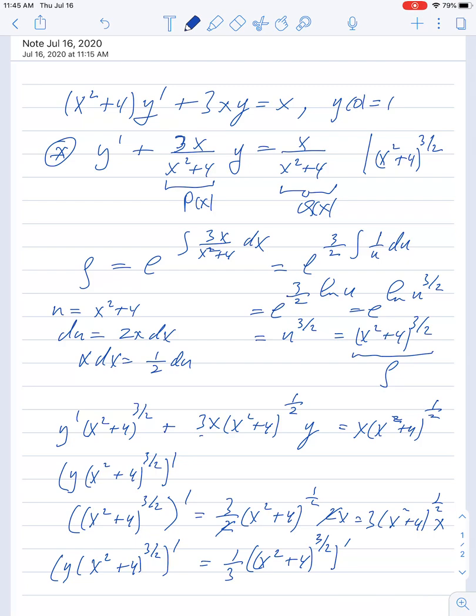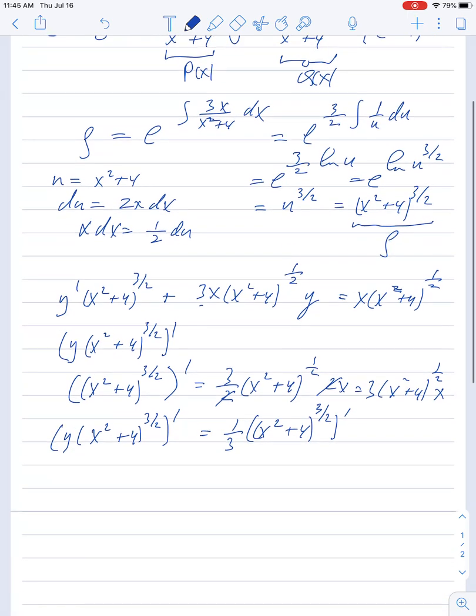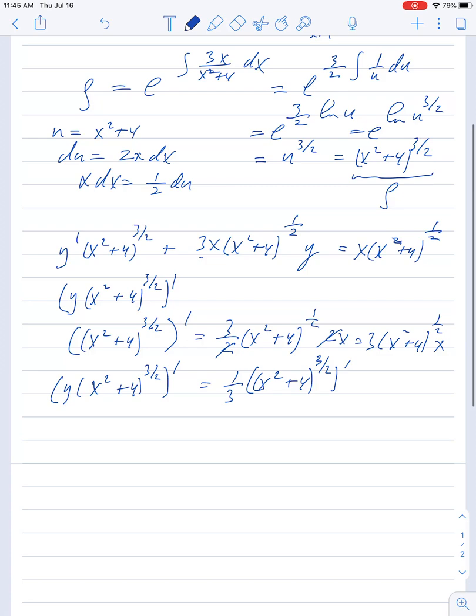Okay, our original equation is written now in this way. One derivative equals another derivative. So we can integrate both sides, and the result will be y times x squared plus 4 power 3/2 equals 1/3 times x squared plus 4 power 3/2 plus c.